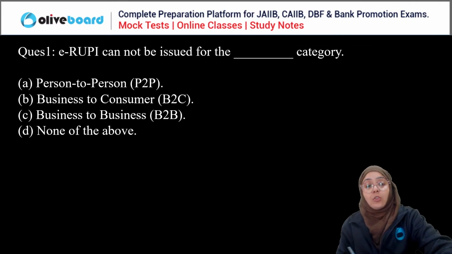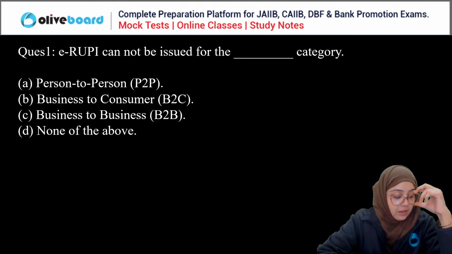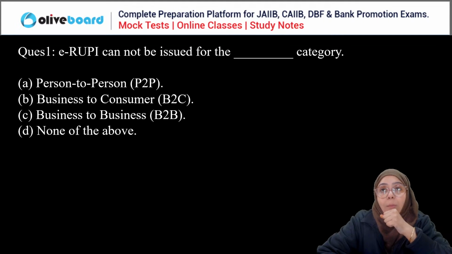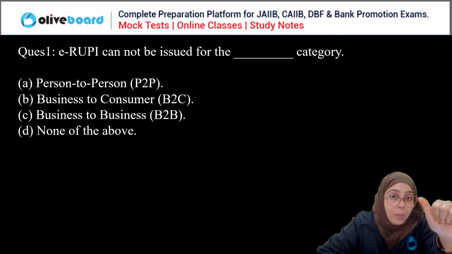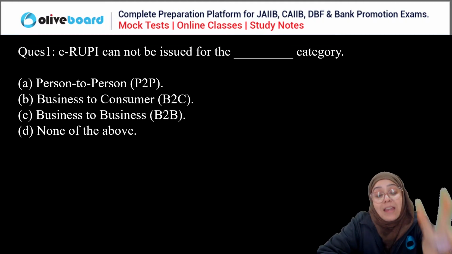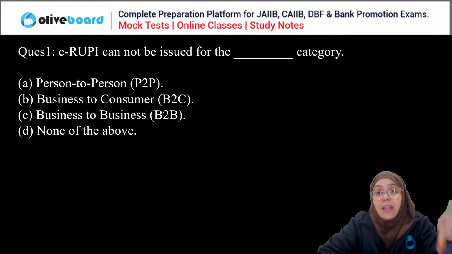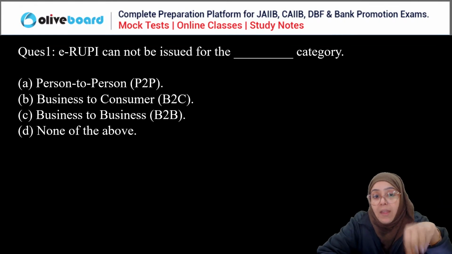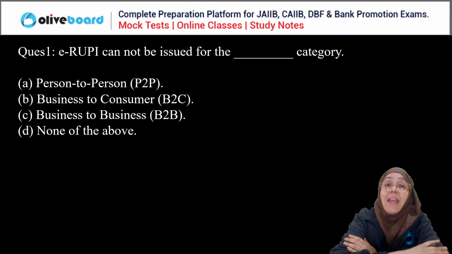So the correct answer for this question is what? Sunny is saying B, business to consumer. Business to consumer is one of the very important aspects of the e-rupee category. E-rupee can be issued in two core categories, person to person and person to consumer. E-rupee cannot be issued for business to business. The maximum transaction value for the e-rupee is rupees 10,000.